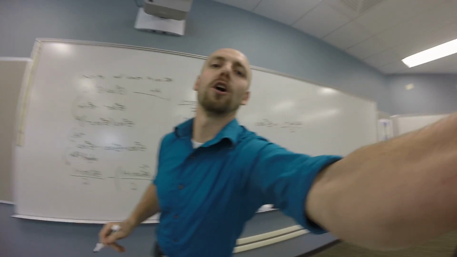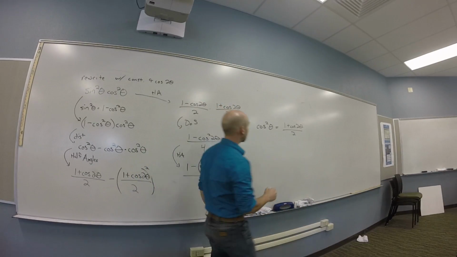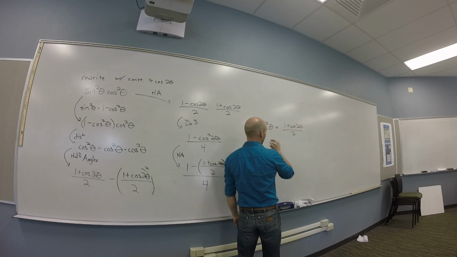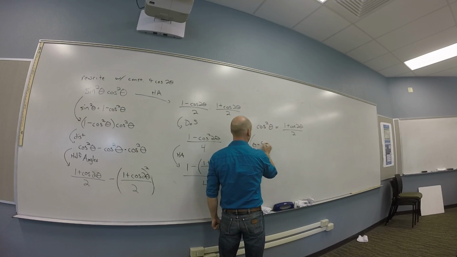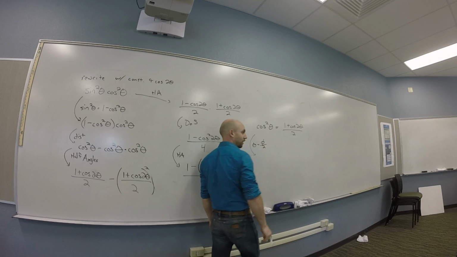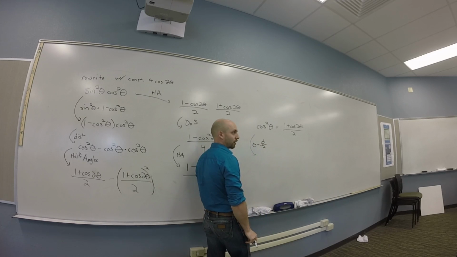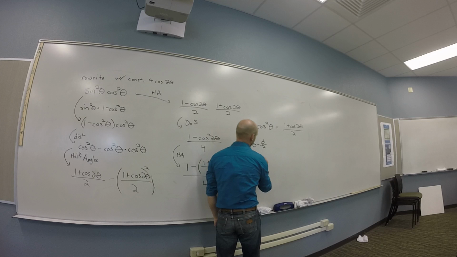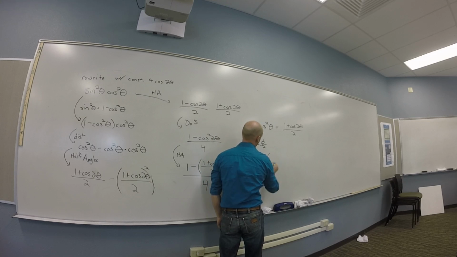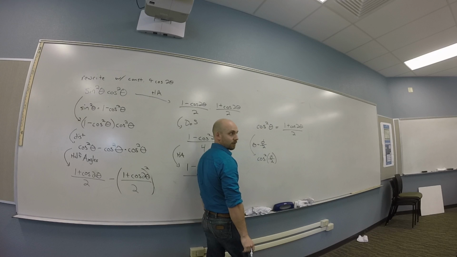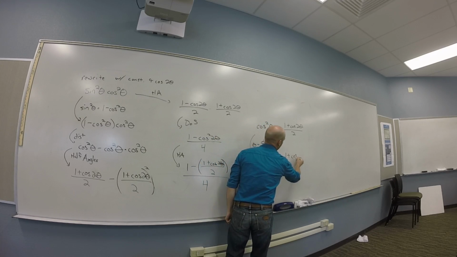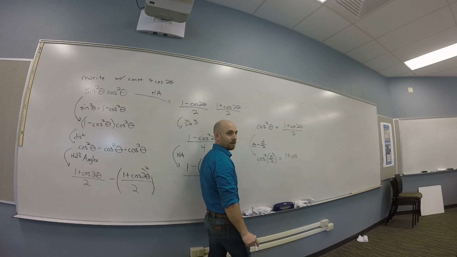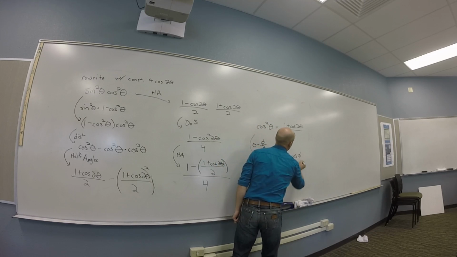The reason you call it a half angle identity is you can rewrite this just letting theta equal, I don't know, call it phi over 2, right? And then this is cosine squared of phi over 2, is 1 plus cosine of what? Phi. Just phi, right? All over 2.